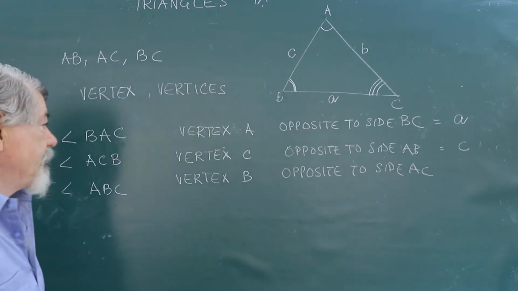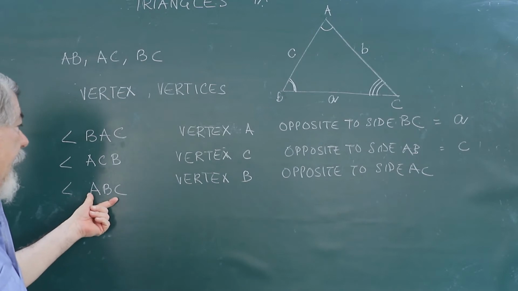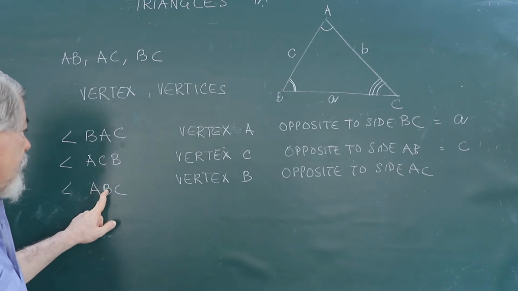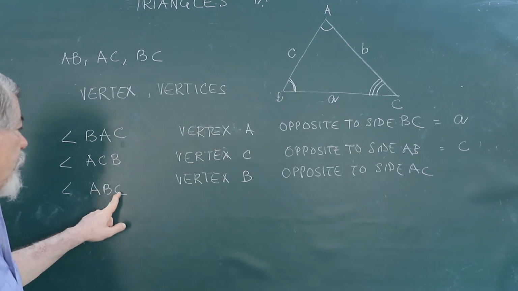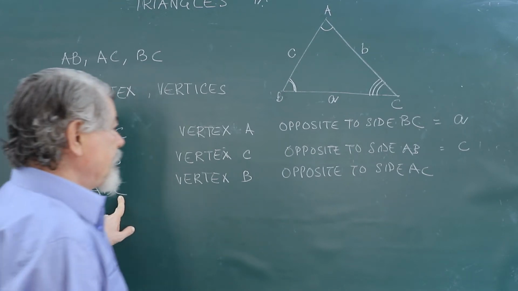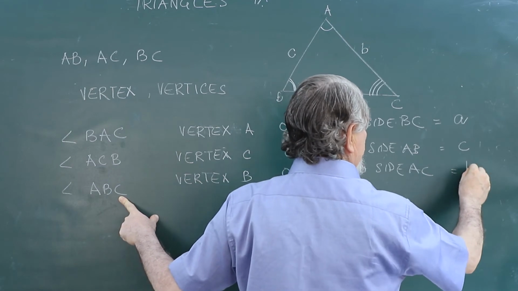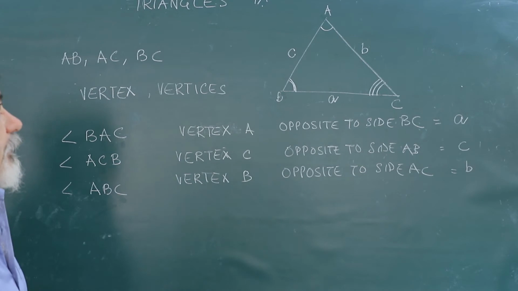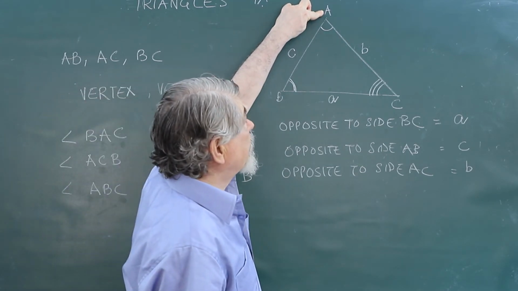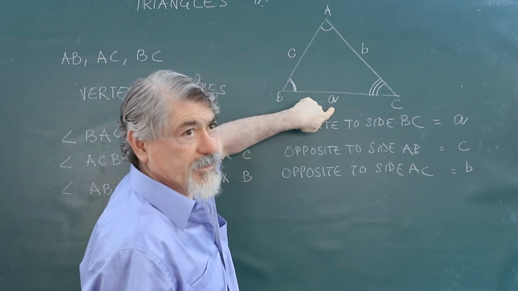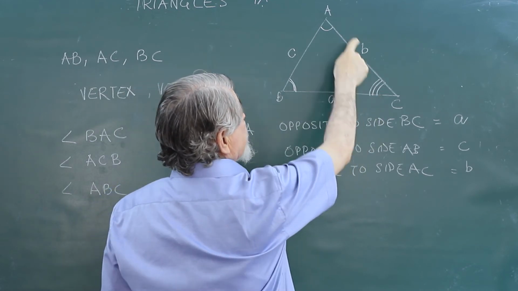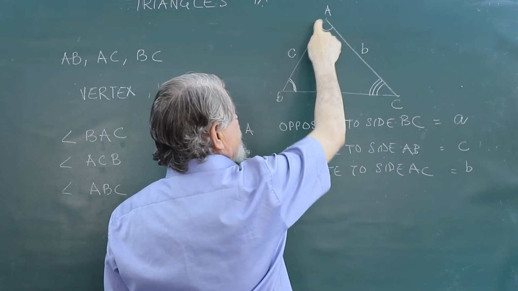For angle ABC, vertex B is opposite to side AC, and the side AC is represented by small b. So small a means BC, b means AC, c means AB.